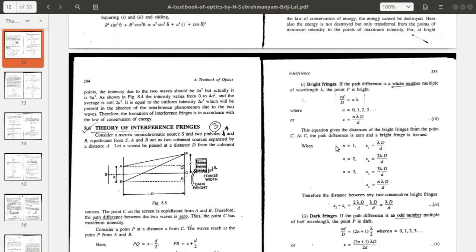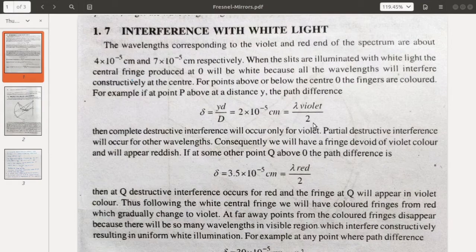So let's move back to the previous page. Remember the figure, and at the point P, which is at a distance y above the central point, the path difference is yd by D. This we have already derived.